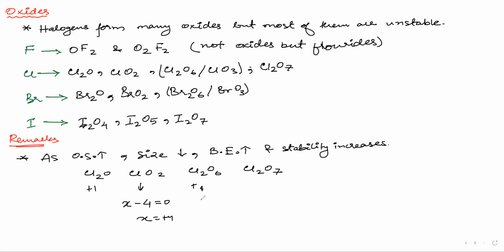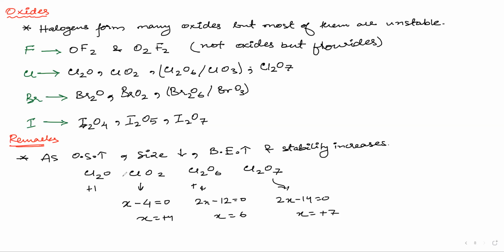Here in Cl2O6, 2X minus 12 is equal to 0, so X is equal to +6. Here in Cl2O7, 2X minus 14 is equal to 0, so X is equal to +7.